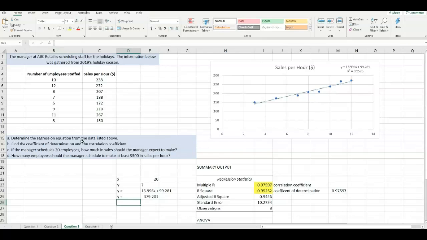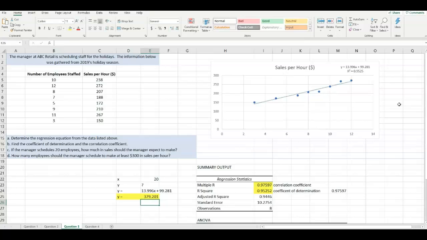And we can see that the number of sales per hour that the manager can expect is a little bit more than $379. So that is just forecasting out this regression line to say if it goes all the way to where your x value is 20, somewhere over here, this would go all the way up to $379.